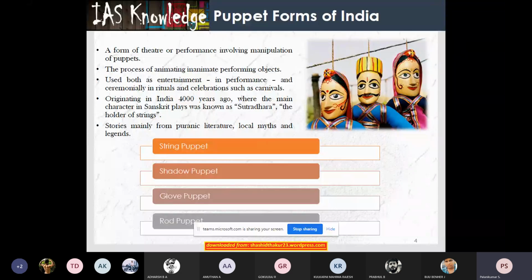But now the people or the particular communities performing these types of puppet performances have almost reduced. Now everybody has started moving to other things. But if you really analyze, it is still followed as a ritual in some of the temples.